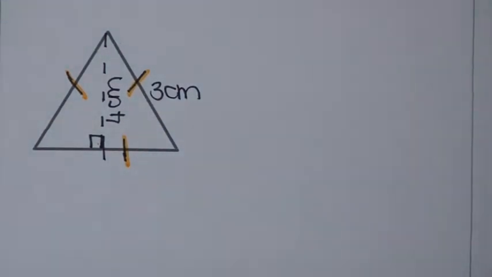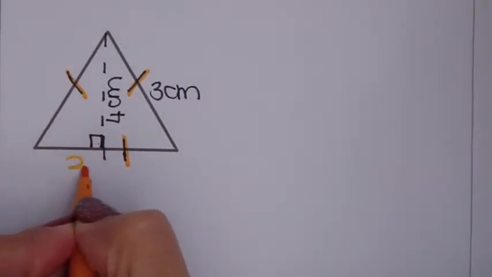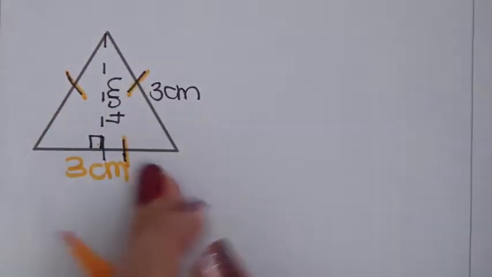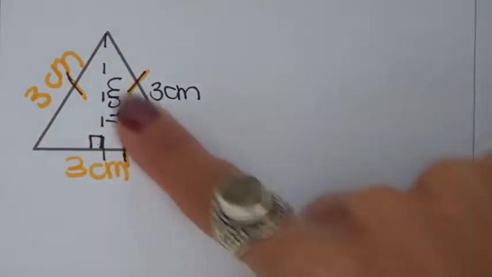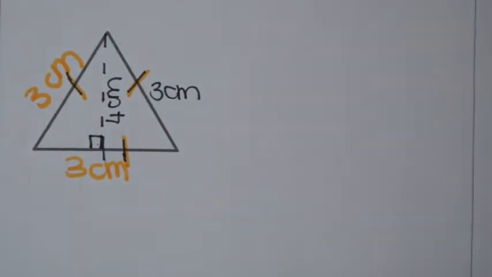Wat 'n tipe driehoek is dit? Dit is 'n gelyksydige driehoek. This is an equilateral triangle. So what can I do here? 3 centimeters. En wat kan ek hierso sê? 3 centimeter. It's equilateral. All the sides are equal. Al die sye is gelyk. Dis 'n gelyksydige driehoek. Great.